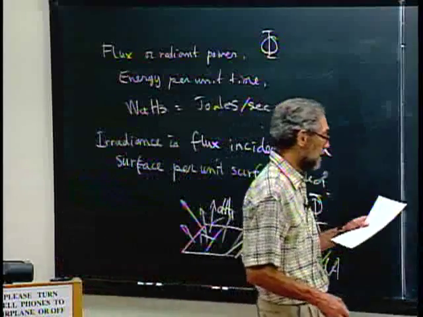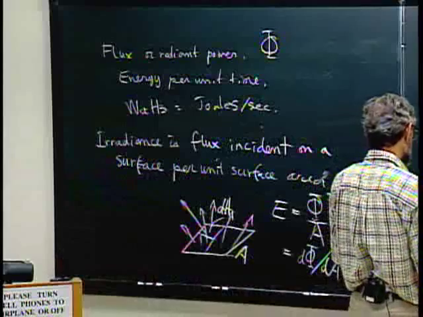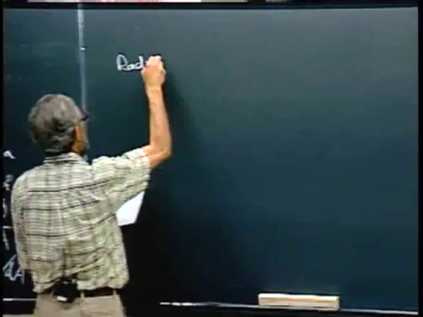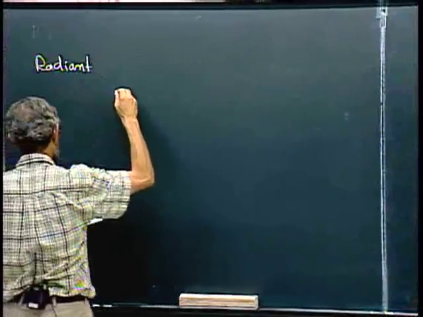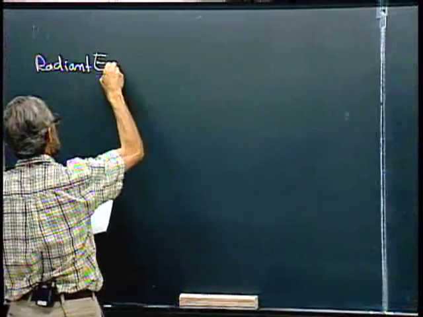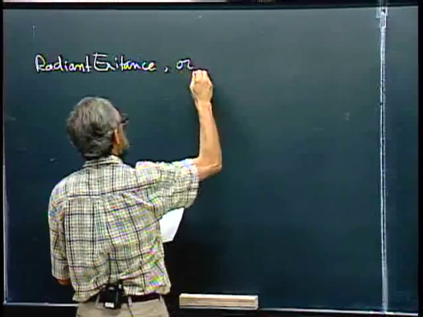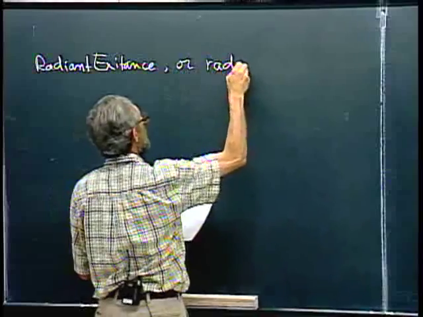And in either case, we have the radiant exitance leaving the surface. Another word for it that I'm more used to using is radiosity.